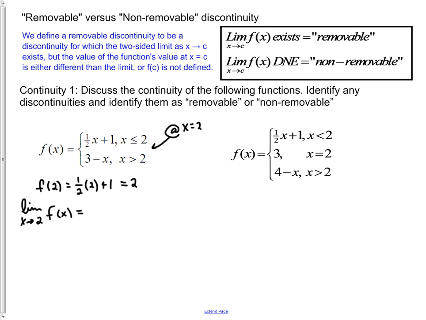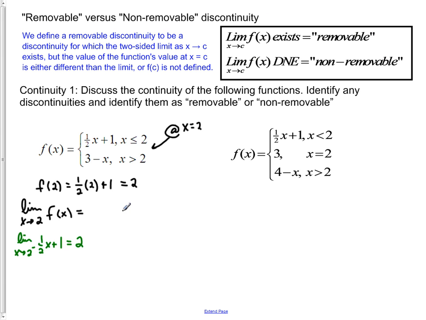So let's take a look at our left-hand limit. The limit as x approaches 2 from the left of f of x is going to be this piece right up here at top, 1 half x plus 1. And if we evaluate this limit, it looks like we can evaluate it by substitution. And sure enough, from the left, this function is equal to 2.